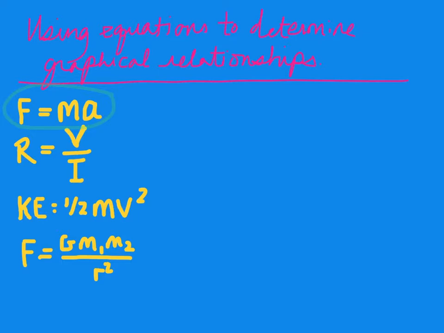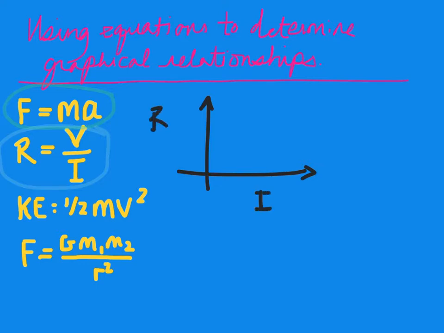Now let's take a look at the next one. We'll look at R equals V over I. Again, it's not important what R, V, and I are. So let's look at the relationship between R and I. I'll place I here on the x-axis and R on the y-axis.